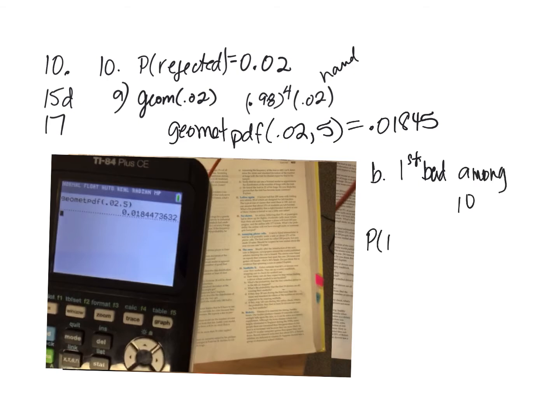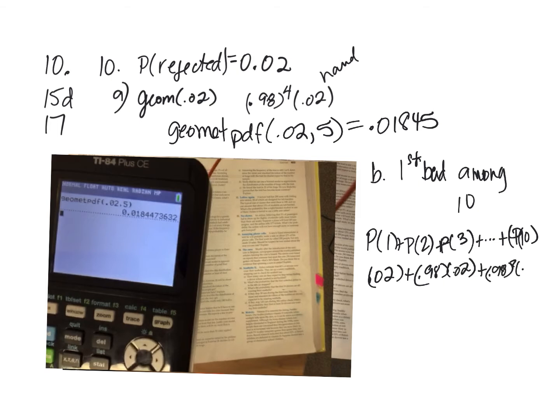So that's adding the probability that it's first, plus the probability it's second, plus the probability it's the third one, all the way up to the probability that it's the 10th. That's a lot, right? If you did this by hand last night, which you should have, it would be 0.02 plus 0.98 times 0.02 plus 0.98 squared times 0.02 plus ... plus 0.98 to the 9th times 0.02, right?